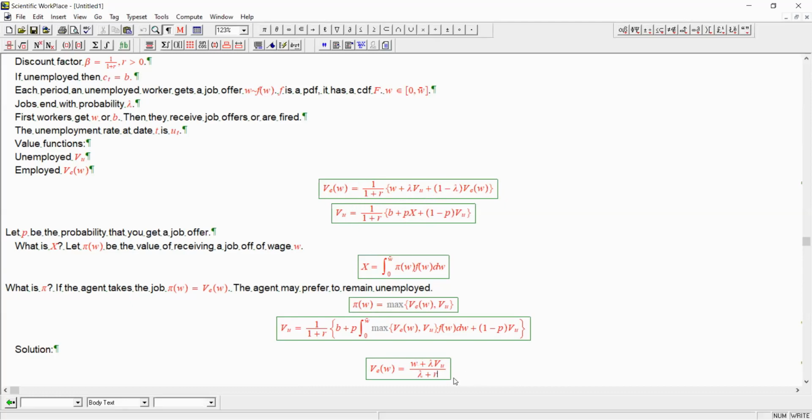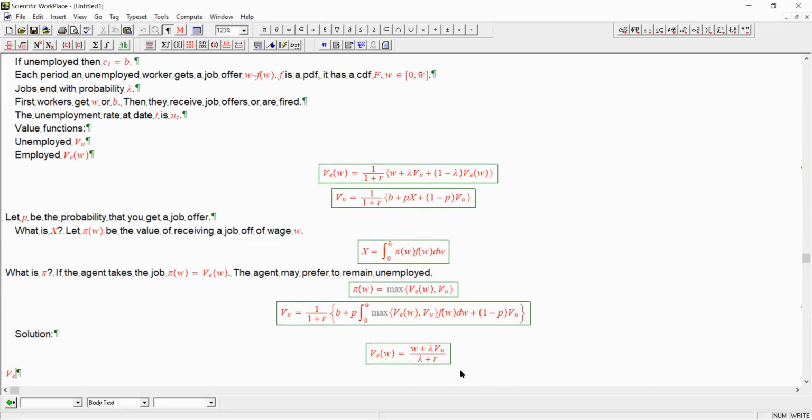This is pretty useful because it tells us, notice that V of E is strictly increasing. Why is that helpful? Well, look at this problem here. This is a strictly increasing function, and this is a constant. We don't know what it is, but it's a constant because it doesn't depend on any state variables.